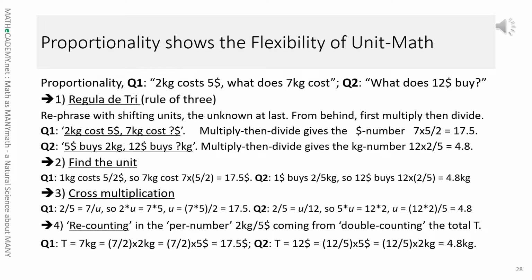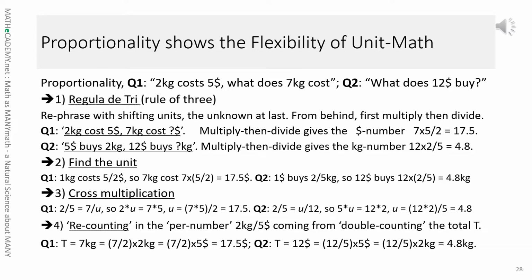Recounting in the pair number, 2 kilograms per $5, coming from recounting the total t in both kilogram and dollar. Q1, t equals 7 kilograms, equals 7 over 2 times 2 kilogram, equals 7 over 2 times $5, equals $17.5.